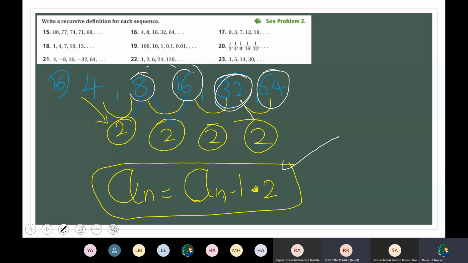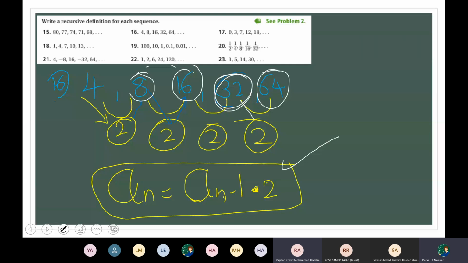According to the question, sometimes it could be 2, a fixed number. Sometimes it could be n. In this question, we don't have one formula or two formulas. Here we have to practice. You have to guess, to think out of the box. Every question has a different idea than the previous one.